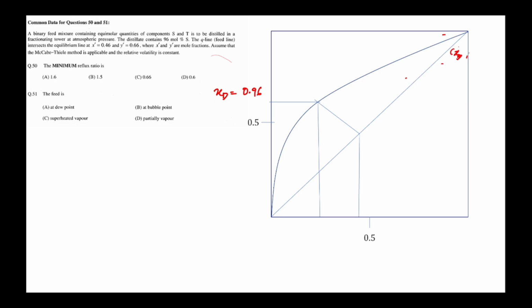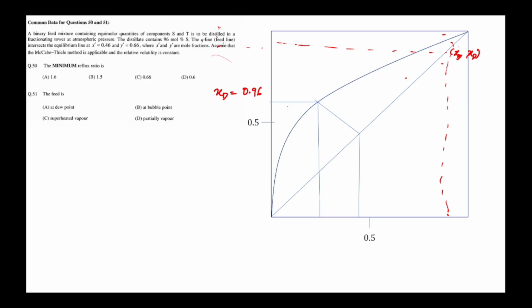XT here, because it is 0.96, so 0.96 will come here, right? So this is XT. Okay. The Q line intersects the equilibrium line at x dash and y dash.